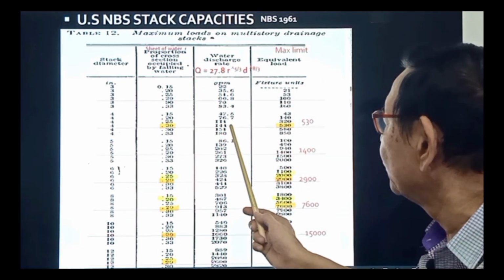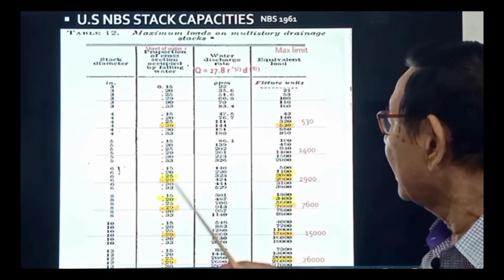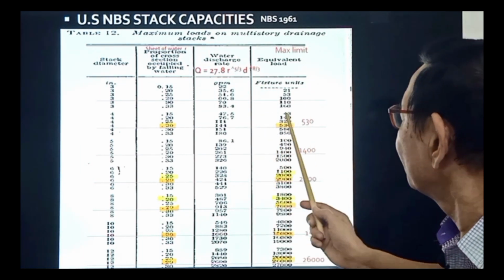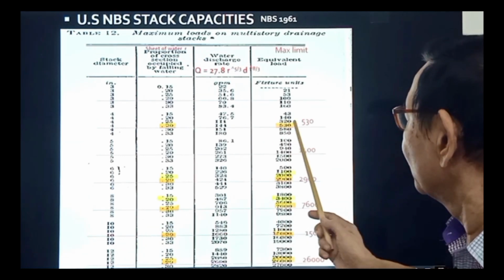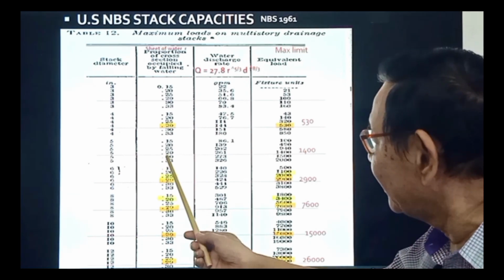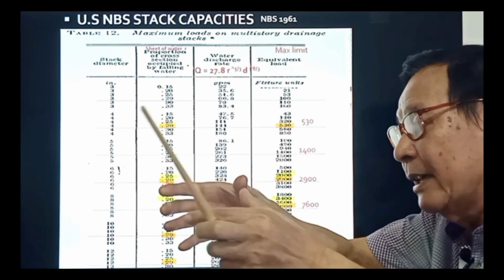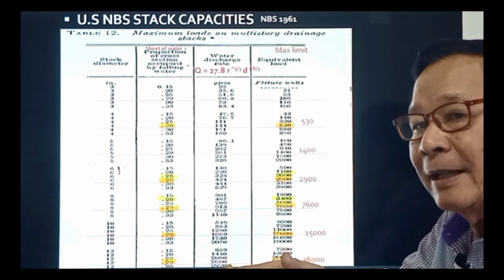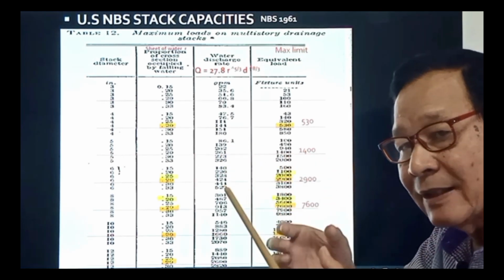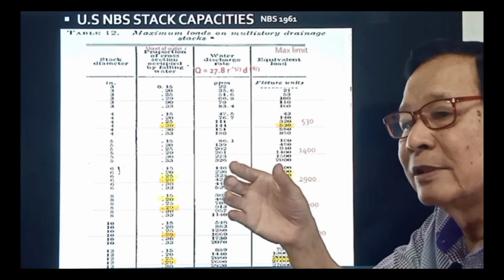This 144 GPM is from this equation. And the 144 GPM has an equivalent fixture unit from Roy Hunter's curve, which is equal to 530 fixture units. So for 6 inches, 0.29 is the ratio between the sheet of water and the area of the pipe. So 0.29 is the desired design capacity of a pipe. Don't design more than 0.29.